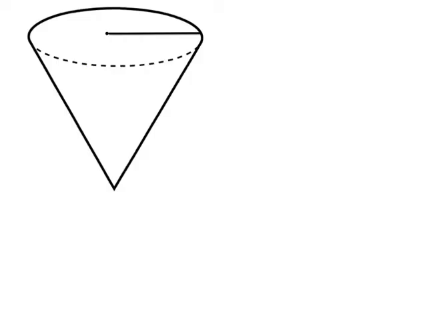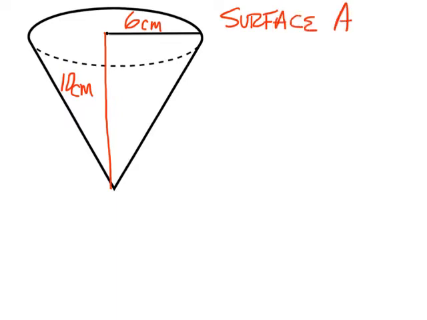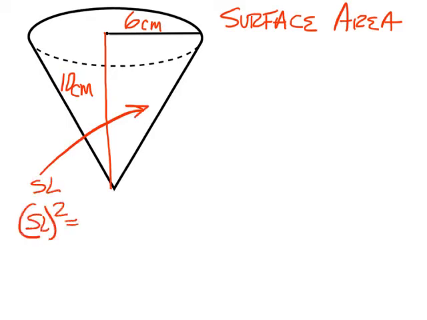Example number 4. In this case, we're going to have a radius of 6 centimeters and a cone height of 10 centimeters. What we're looking for is the surface area. Before we can find the surface area, we have to find the slant height. And the slant height squared is equal to 6 squared plus 10 squared.